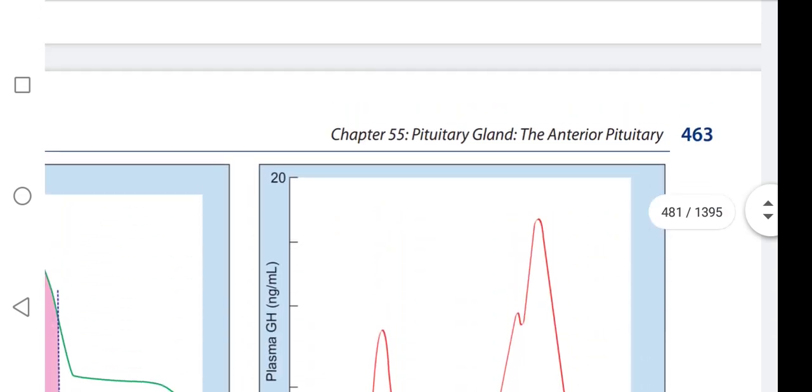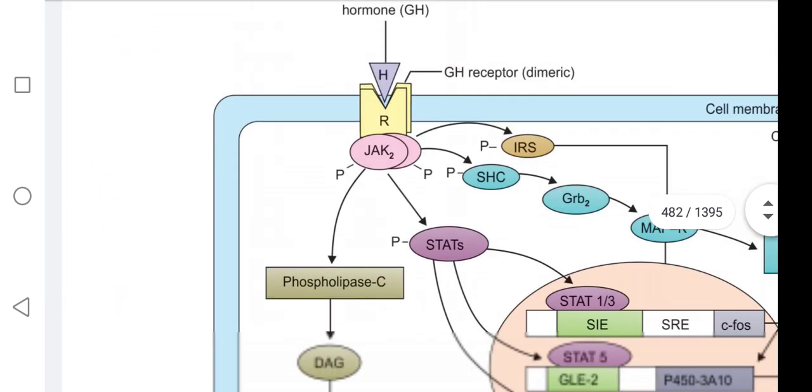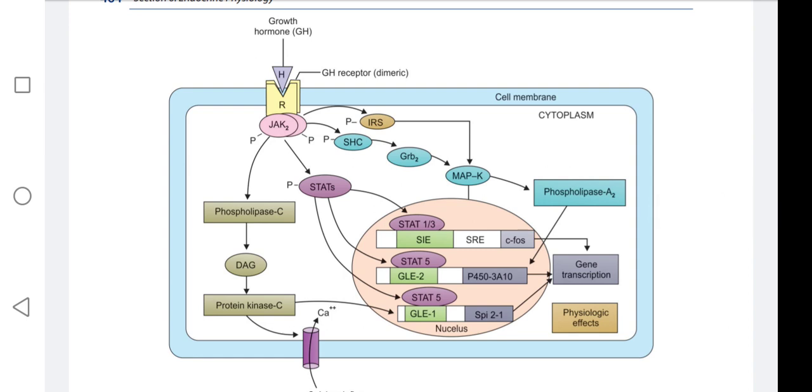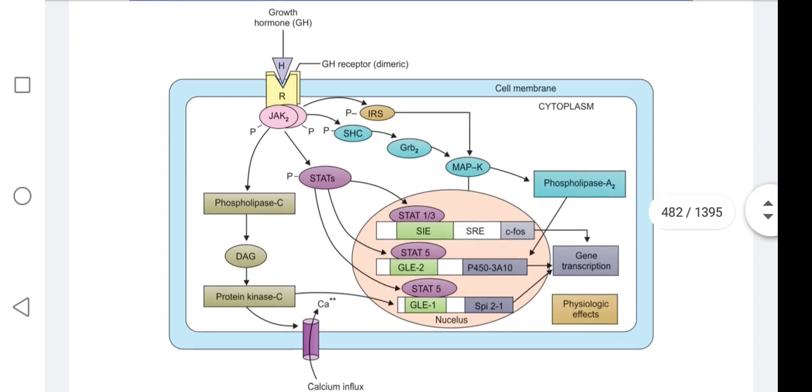Coming to the diagram. This is the growth hormone.